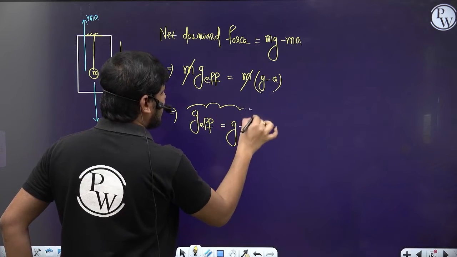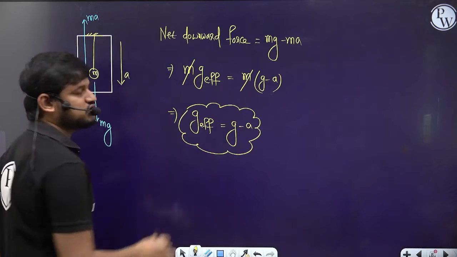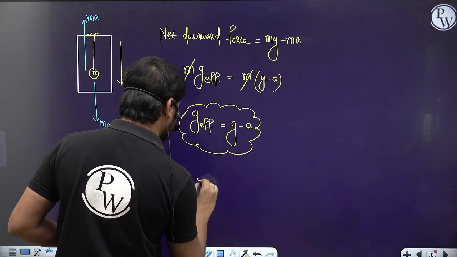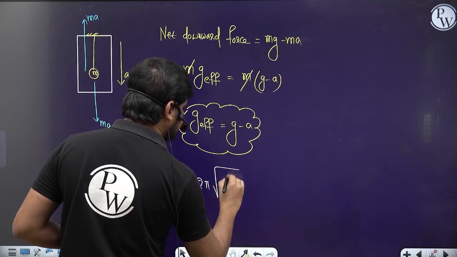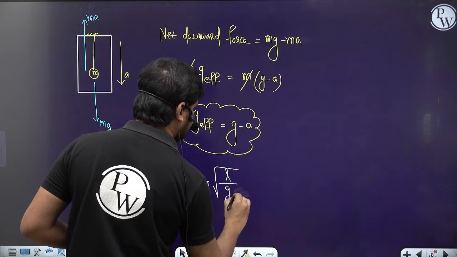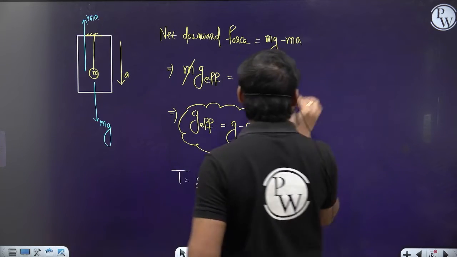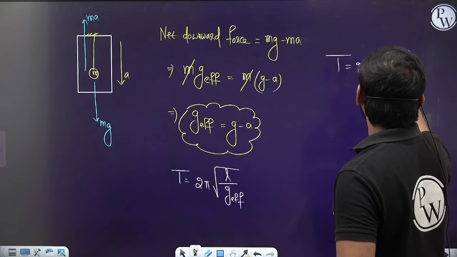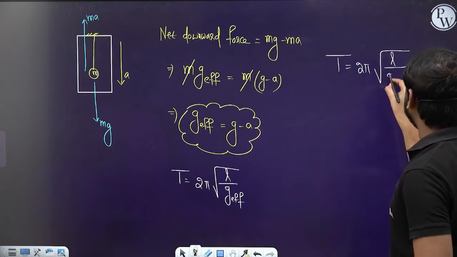Now I can write the time period as T equals 2 pi into root over L by g effective. Done, guys. So now here, 2 pi into root over L by the g effective value, which is g minus a.